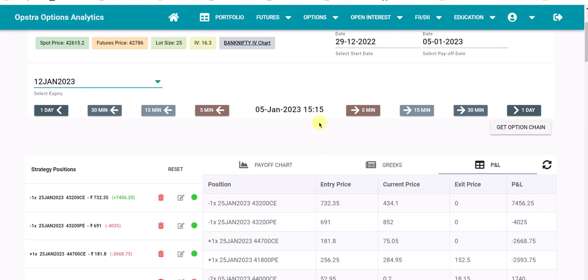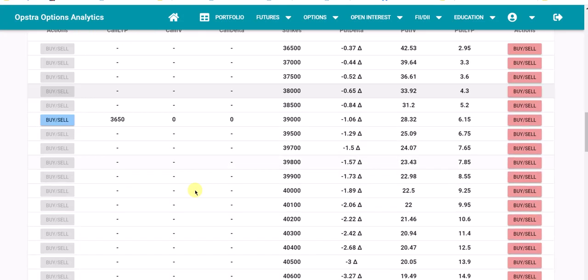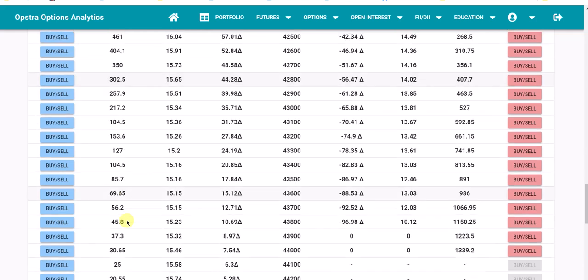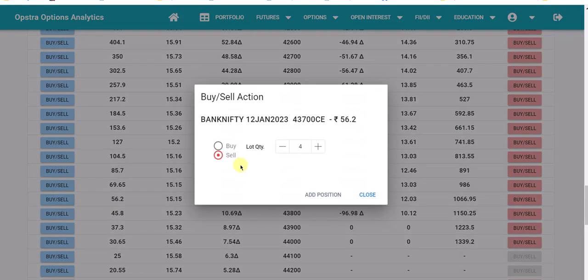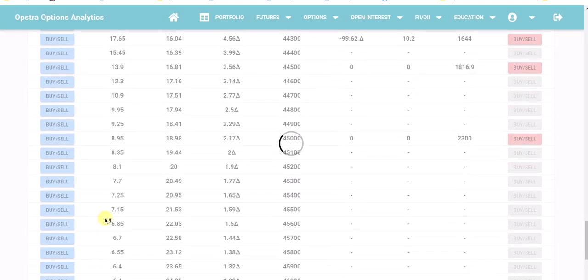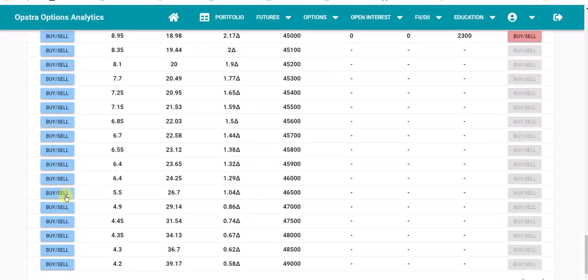Oh my god, it is so time consuming, guys. And get the option chain and look for 52 lots CE. Okay, and 1:5, somewhere around 5, 1:10, right?